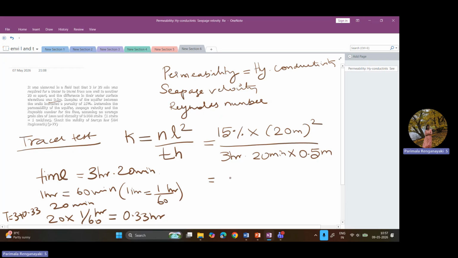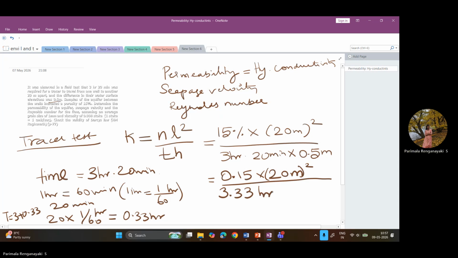Here we will write 0.15 into 20 meter square divided by 3.33 hour into 0.5 meter.